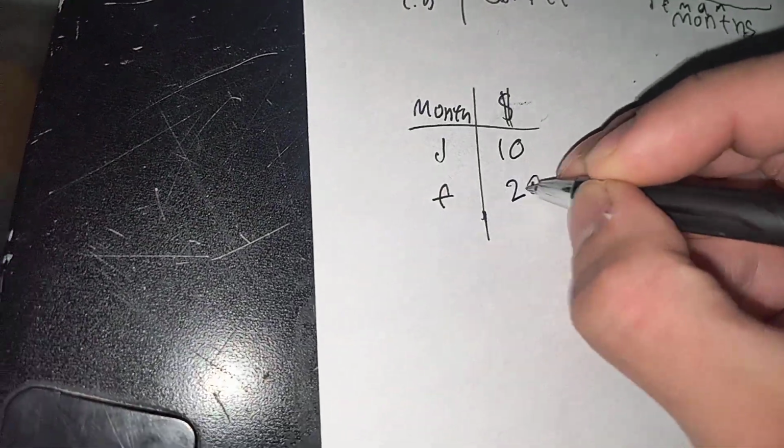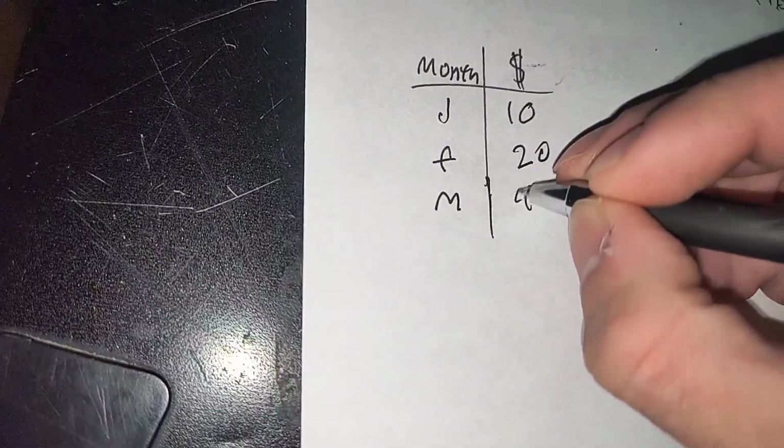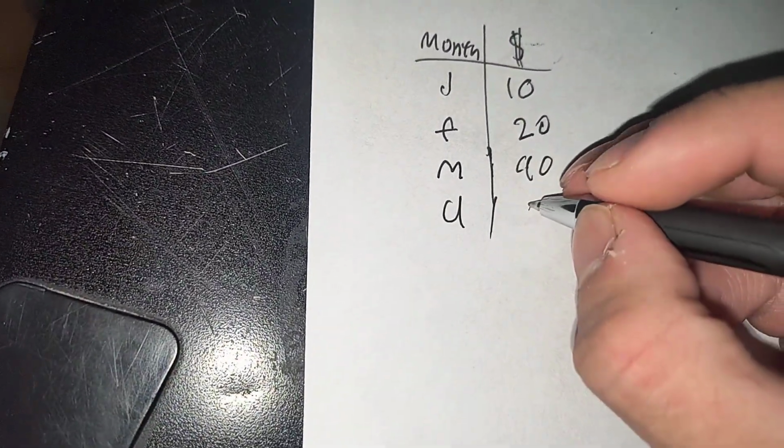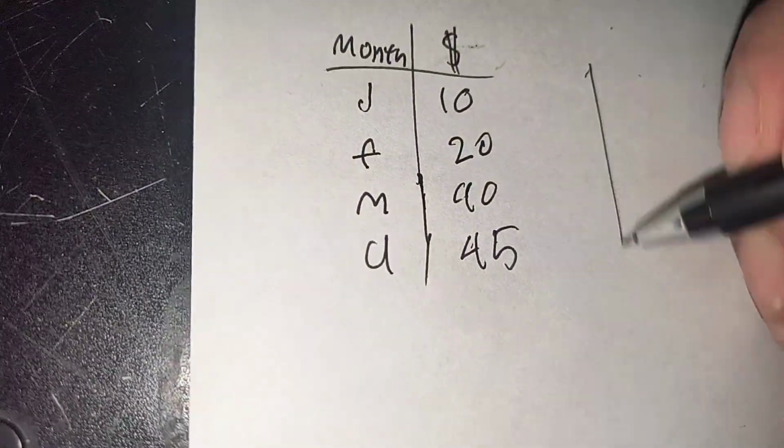But then in February, you had $20. In March, you had $40. In April, you had 45. You're slowing down.